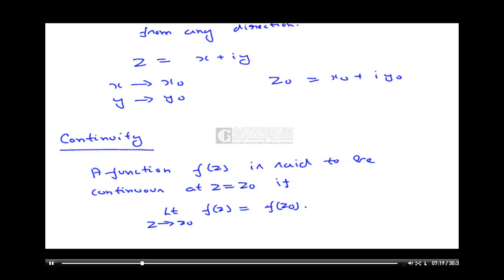Okay, this is at the point z equal to z naught, but there may be cases where a function is continuous in any region also.